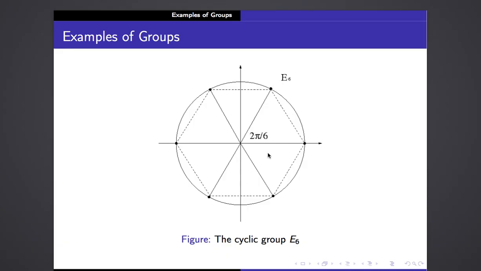This is where the angle is 2 pi over 6, pi thirds, and so on and so forth. All right, so let's move on. In fact, this guy here, e to the pi thirds i, that's the generator. And this guy, in fact, produces all the other elements in this cyclic group.